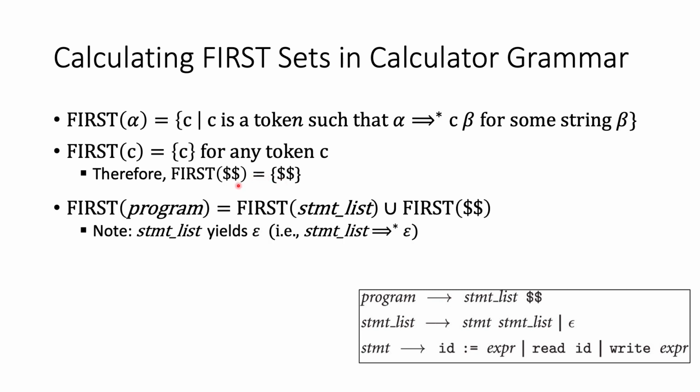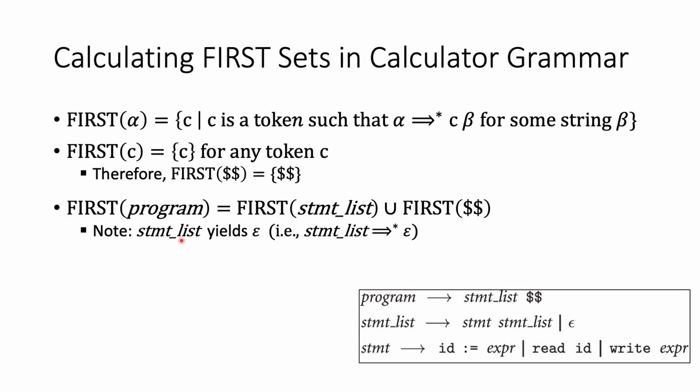To calculate the first of program, we notice that a program can only be expanded to stmt list followed by the end marker. Then the first of program must contain the first of stmt list.